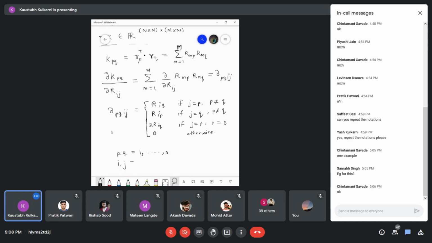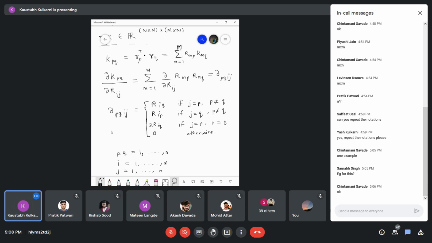And i, j are the dimensions of R. So i varies from 1 to m, the number of rows in R, and j varies from 1 to n, which is the number of columns in R.